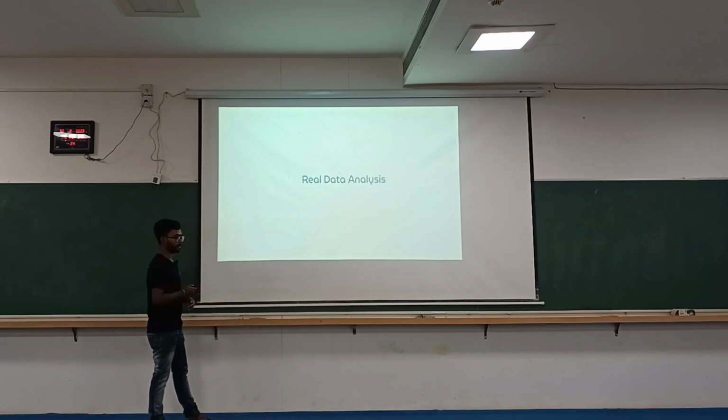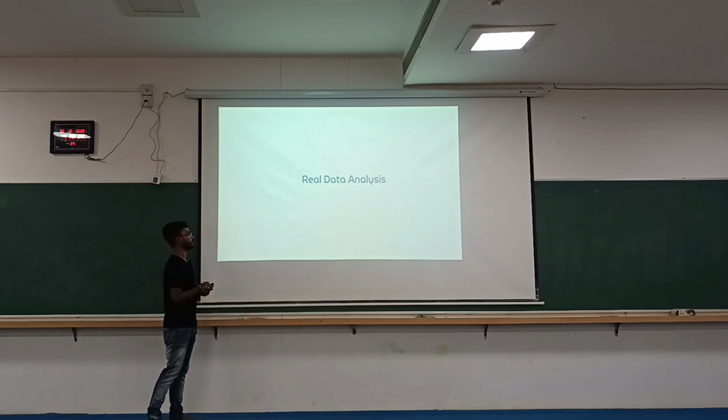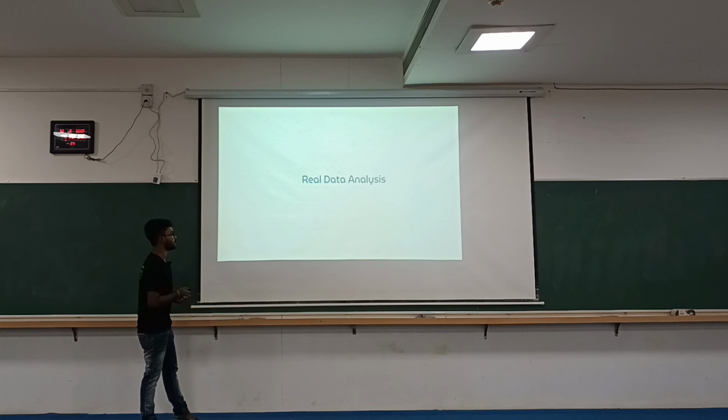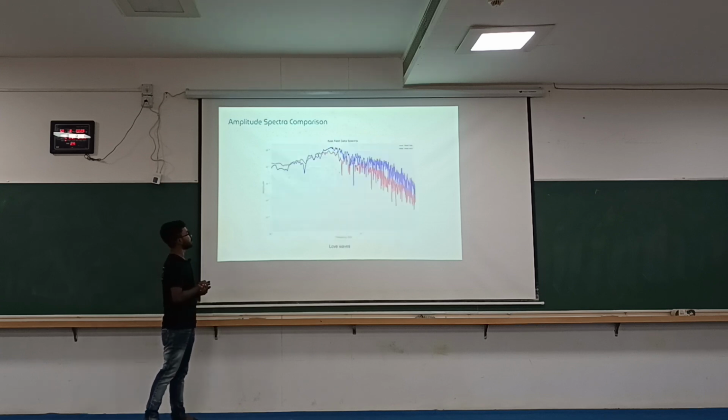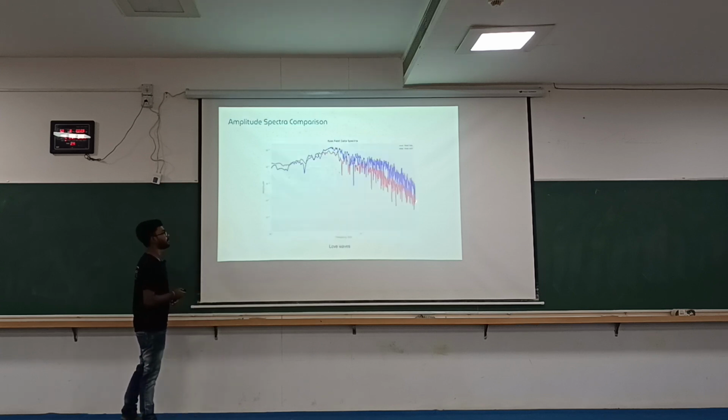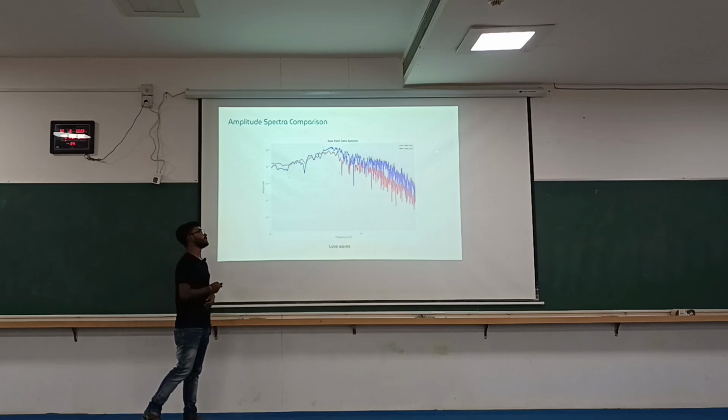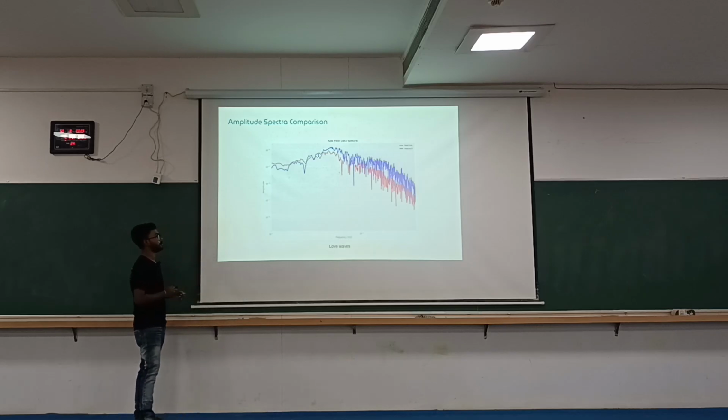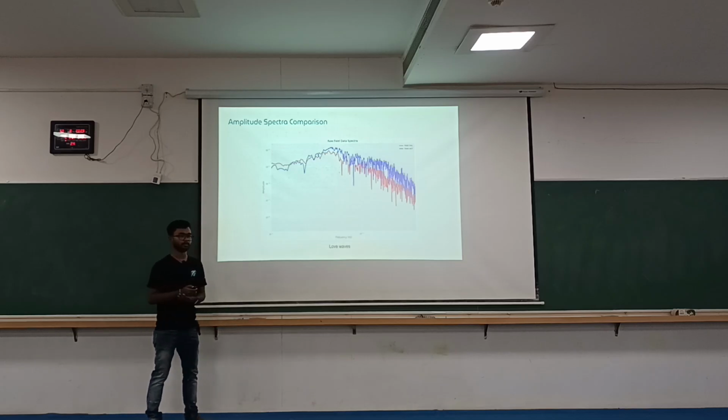So let's come to the real data analysis part, for which we have compared the results. This is for the Love wave part. As you can see, this is a normal amplitude spectrum. I will explain how I calculated the spectrum.